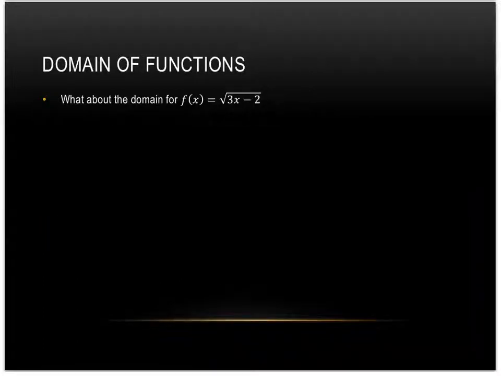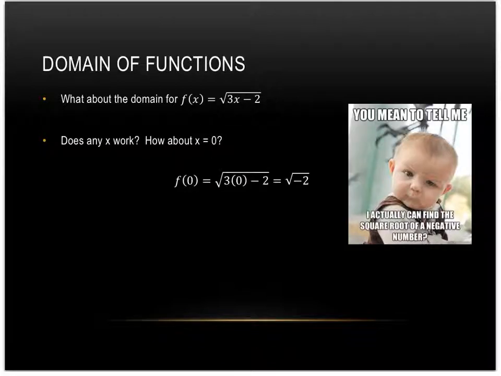What about the domain for this one? Well, you have to be careful with square root, because if what's under the square root is negative, you can't take the square root of a negative number, unless of course you're living in that imaginary world, right? So if I plugged in 0, I end up with a negative under my square root.